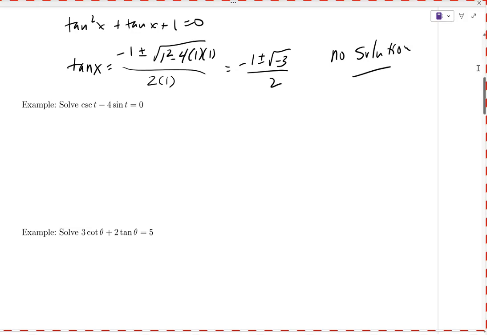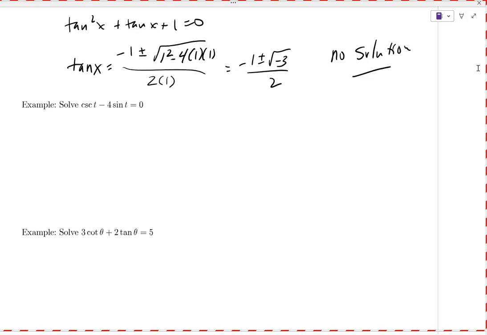This one has cosecant t minus 4 sine t is equal to 0. Again, we have mismatched trig functions, so it would be nice if we could use an identity to write everything in terms of the same trig function.